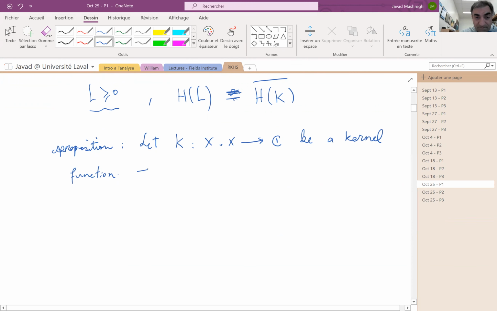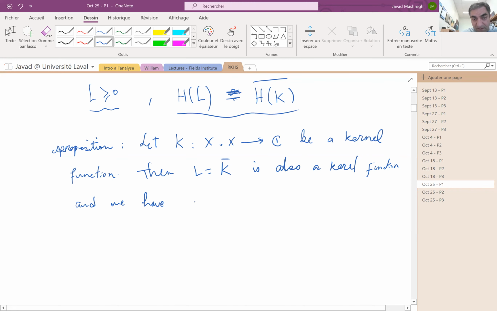Then L equal to k bar is also a kernel function. And we have what is written here: the space generated by L is the same as the space generated by k, taking the bar of all the elements.